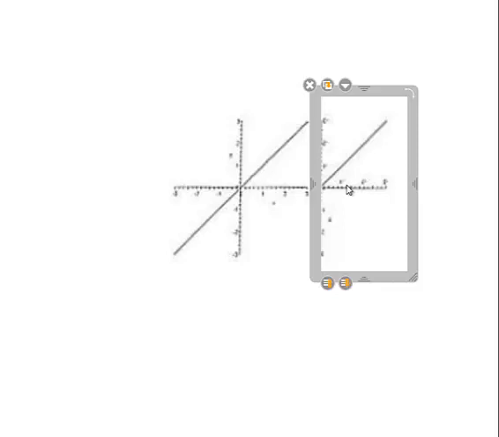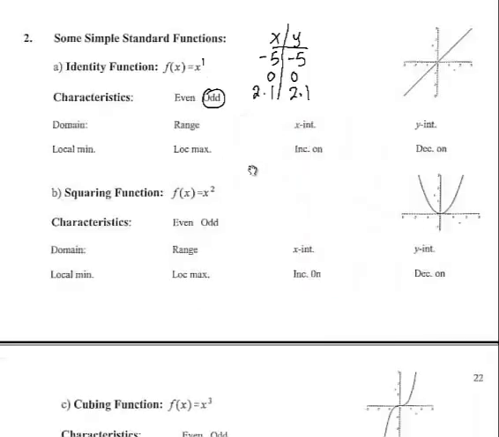So the identity function is symmetric with respect to the origin, meaning it is odd.